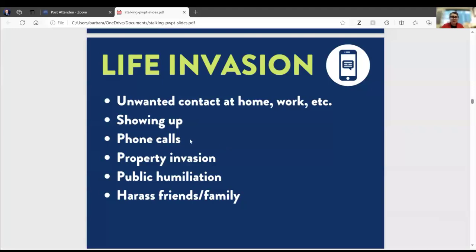Phone calls. Phone calls, day, night, doesn't matter what the time of day, over and over and over again. I have seen call logs, as I'm sure Vanessa has, where the individual who is doing the stalking behavior has called them repeatedly, one after another. Within the span of an hour or 2 hours, there could be 200 calls made.